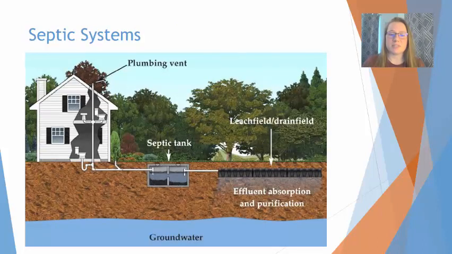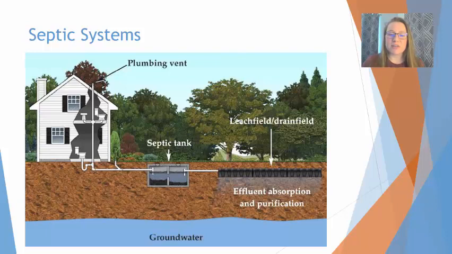Starting here with septic systems with one single home, you will want to draw a sketch of this into your notes. The waste from the home goes through the pipes out into a large tank that is buried oftentimes in the backyard, and the waste spends a fair amount of time inside of this tank going through anaerobic decomposition.